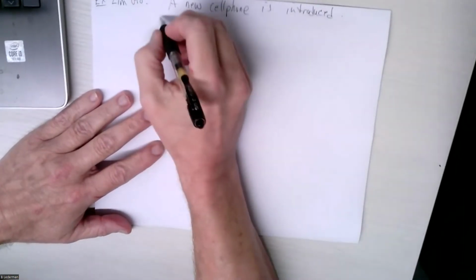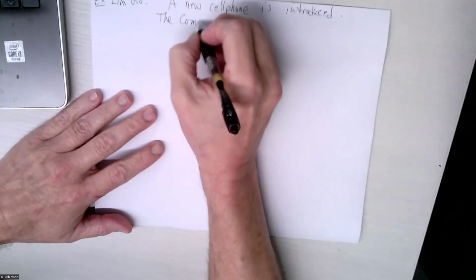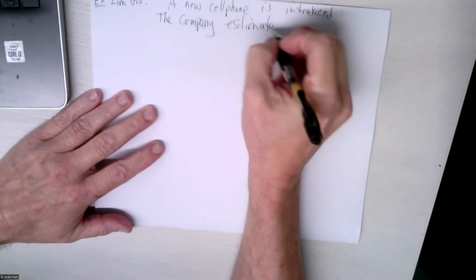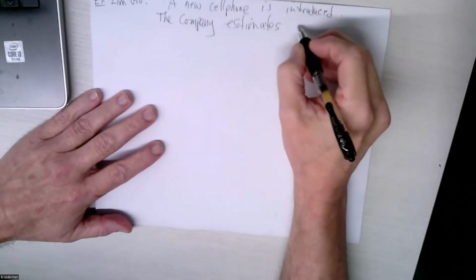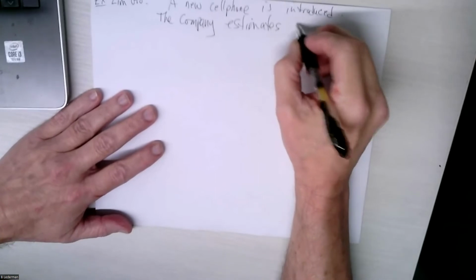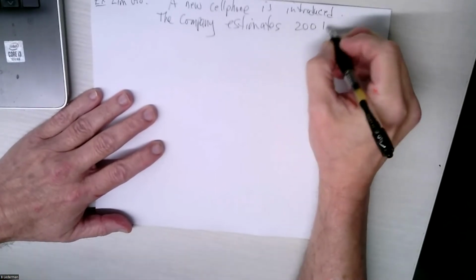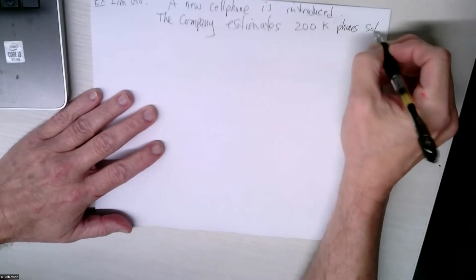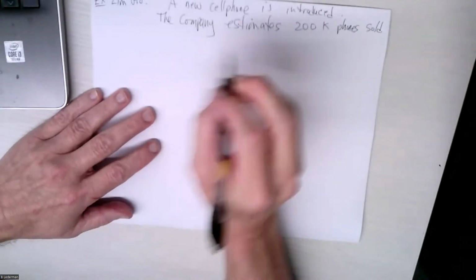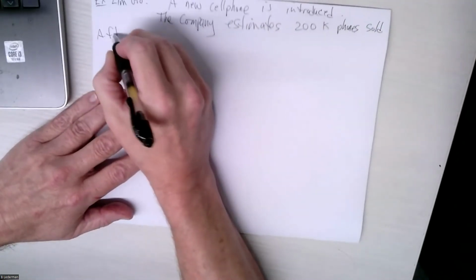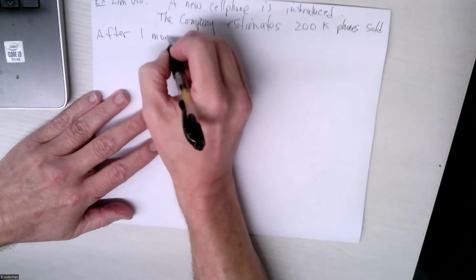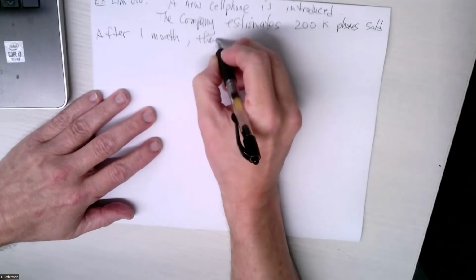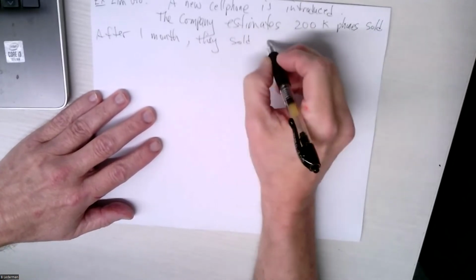So the company estimates that they're going to sell 200,000 phones eventually. After 1 month, they sold 20,000.